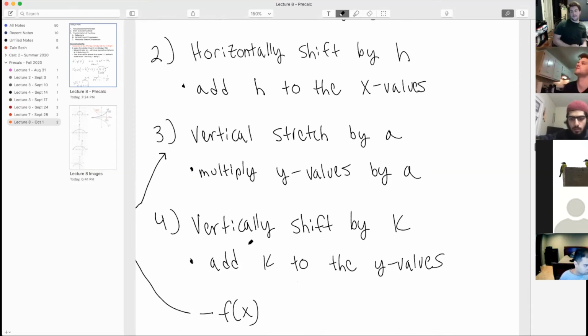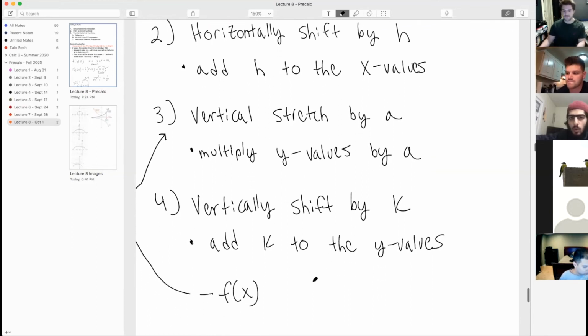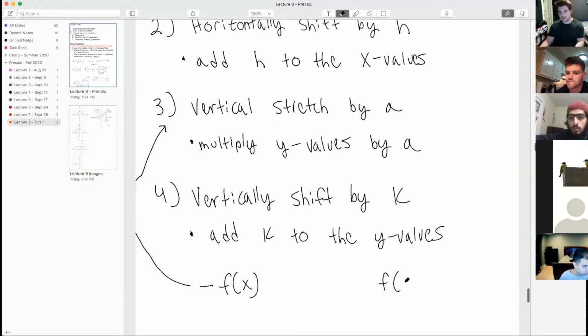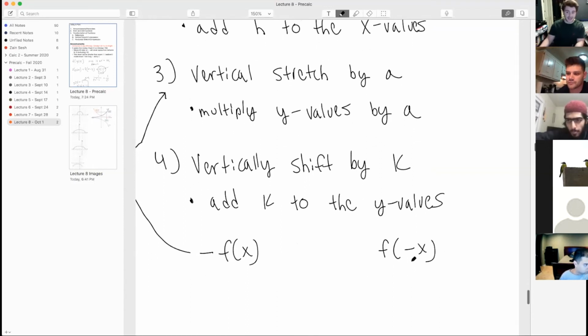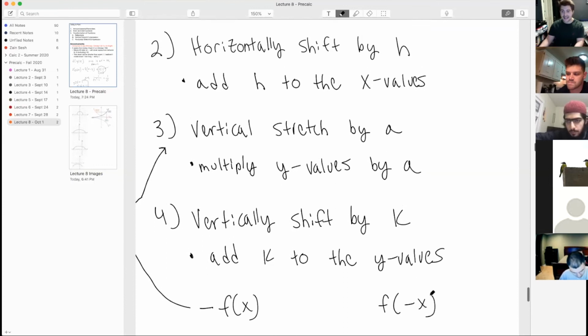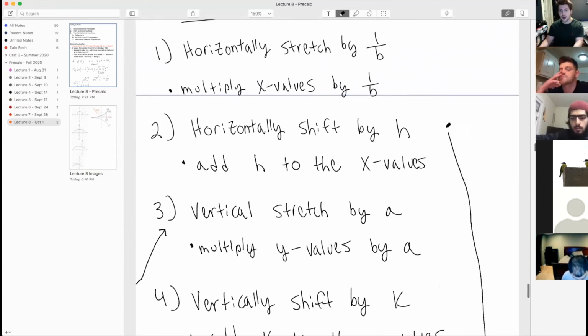Okay. And the same applies for the horizontal stretch. If you do a reflection about the y-axis, which is f of negative x, that is a special case of a horizontal stretch.